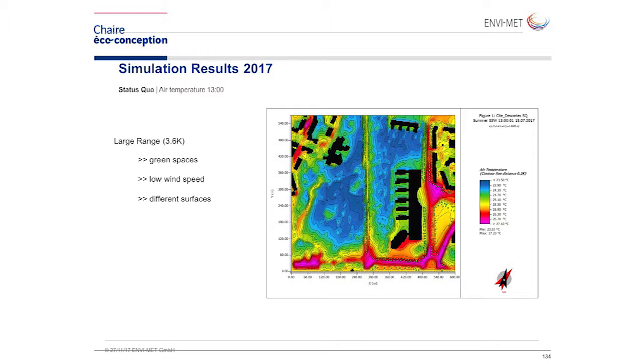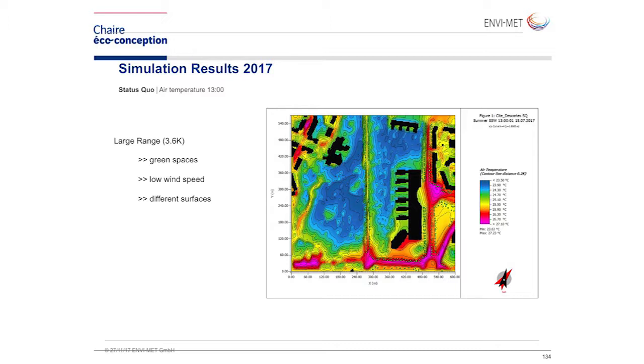The colors in this image represent the different air temperatures we have at noon. So that's 13 o'clock, high noon. And you see there is a really large range of air temperature within this area. It's only 600 by 600 meters, but you already have a range of 3.6 Kelvin from the coolest spot to the hottest spot.